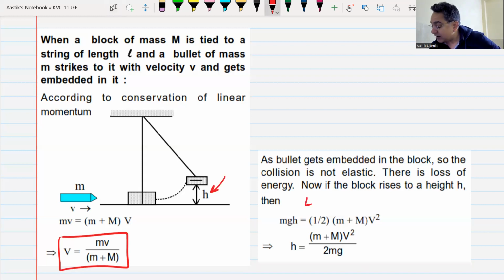So you just have to apply the law of conservation of mechanical energy. Total energy at the lowest point, point A, is equal to total energy at point B. At point A, the gravitational potential energy is 0.